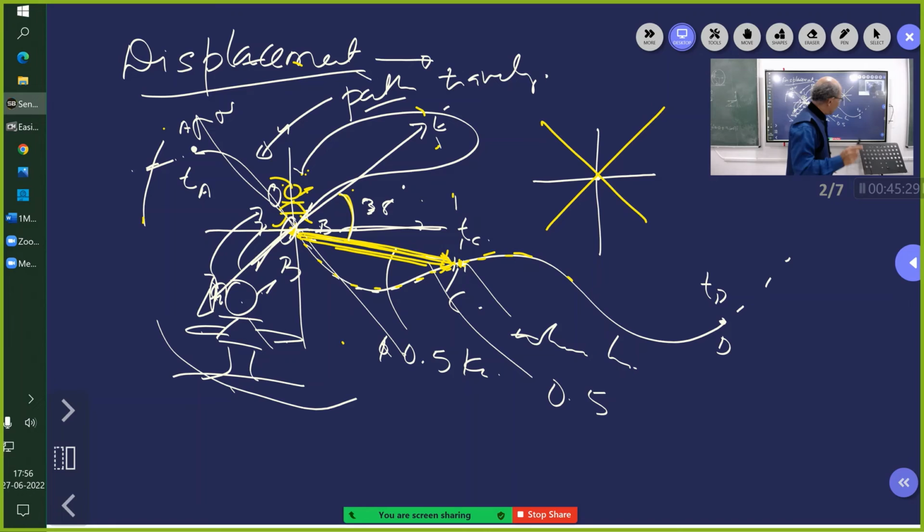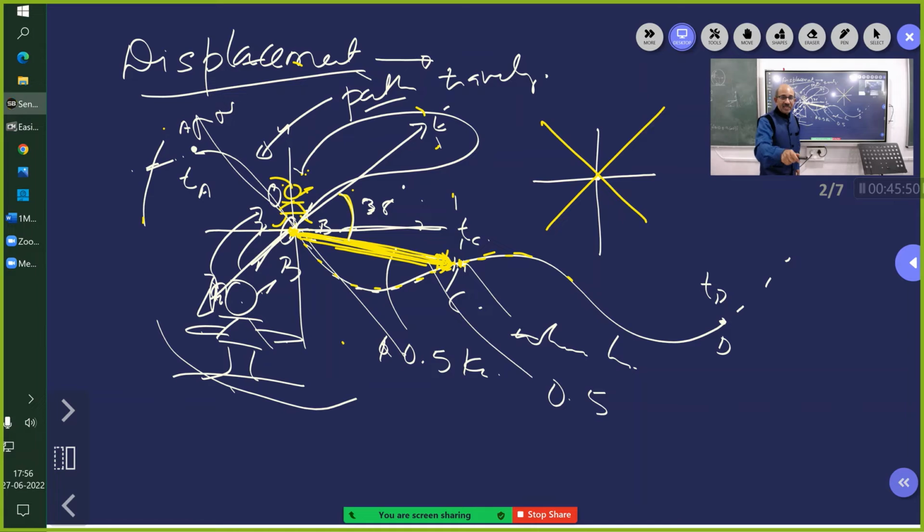Okay. Now you see, students, this line that I have drawn, from where? From the reference point to the point under consideration. See, don't use the word shortest distance. You follow me. I have drawn a line from the reference point to the point under consideration.